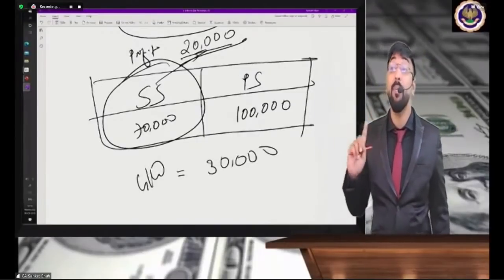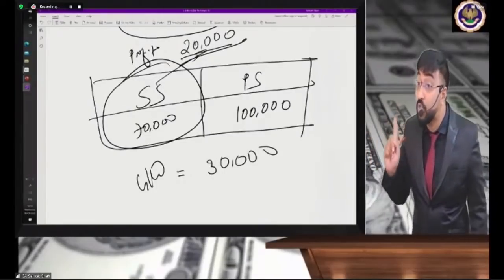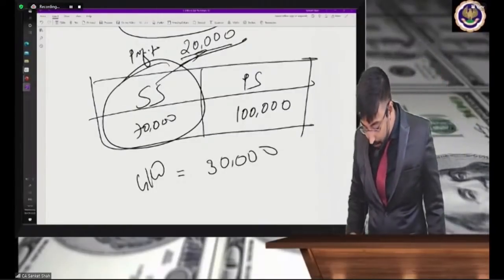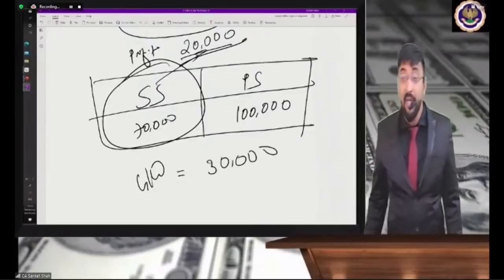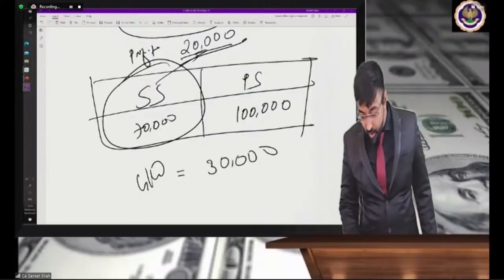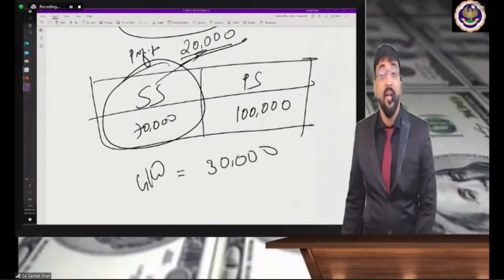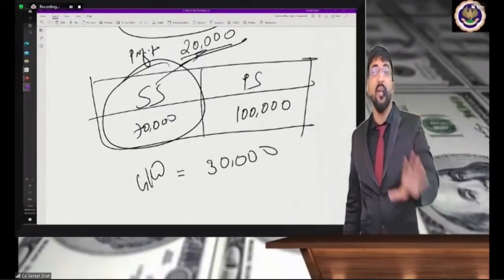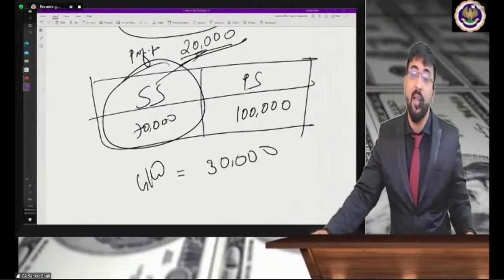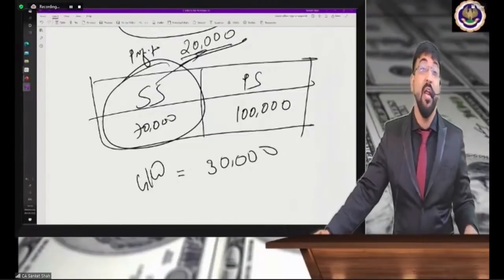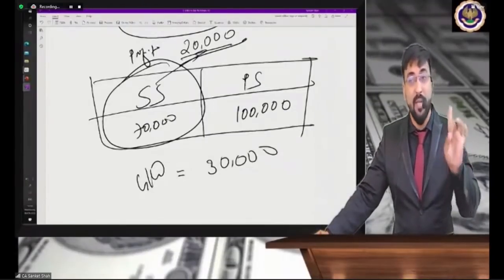Don't multiply by the number of years of purchase. In calculation of goodwill here, we won't consider the number of years of purchase. Remember, 30,000 is directly goodwill.